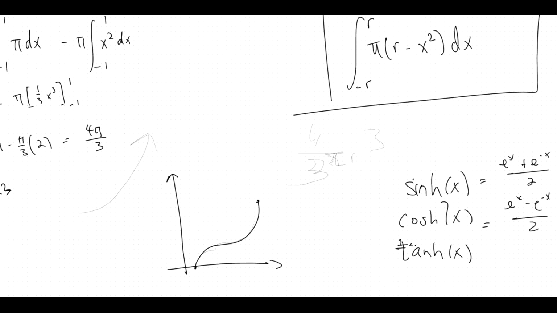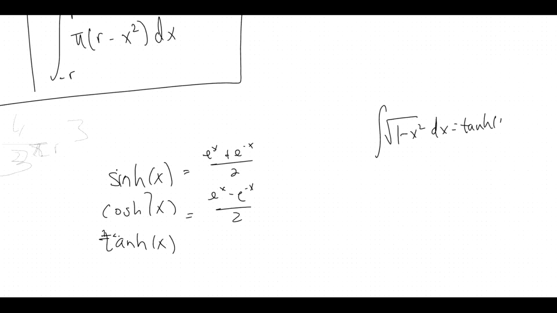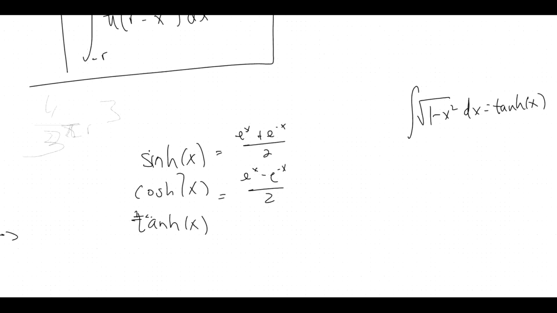They're fun. And why are they important? Because I think the antidiff of 1 minus x squared dx should be tanh. If you were to find tanh x, you can't just find it through sinh x over cosh x, because the h won't cancel out.